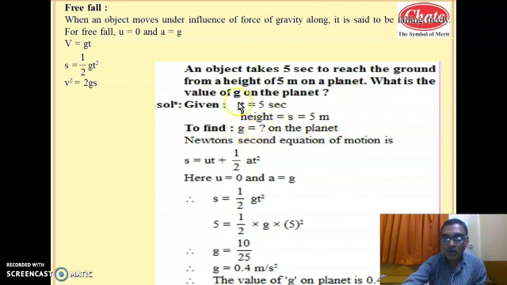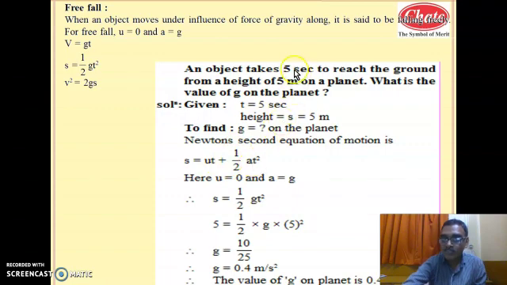Observing these values, which equation is suitable? As time and distance are given, we use the s-t form, and that equation is s = 1/2 gt². See how we reach that equation. From Newton's second equation of motion, the s-t relation is s = ut + 1/2 at².